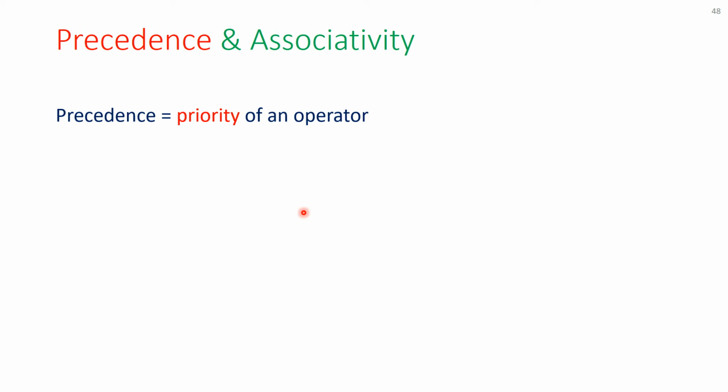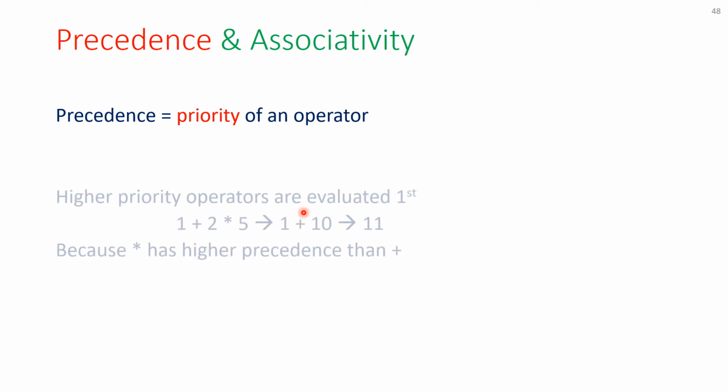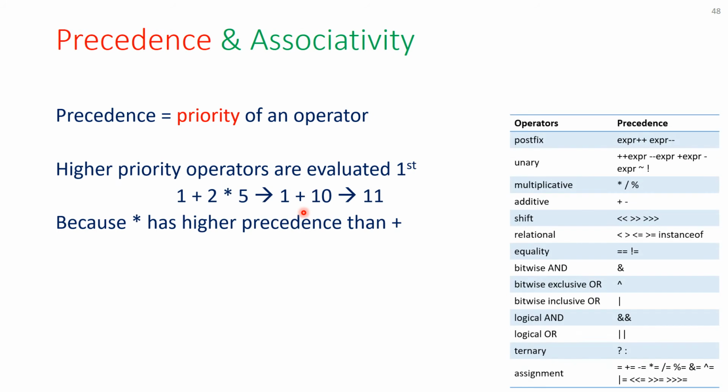So we are going to define for every operator their priority. And that tells us which one is evaluated first. So the star multiplication has priority over addition. That means we evaluate the multiplication before we evaluate the addition. To keep track of that, we are going to put all the operators of the language in a table.